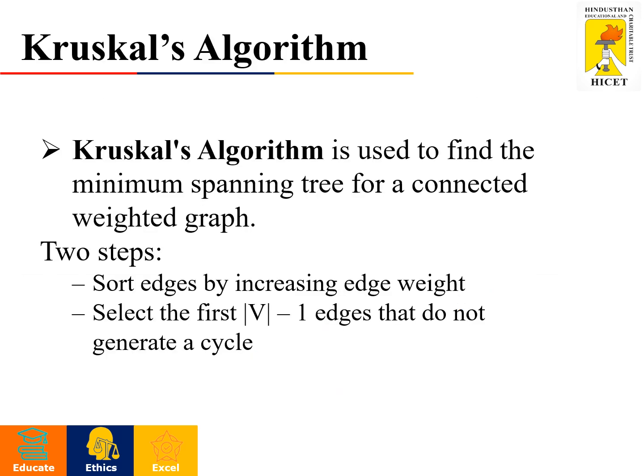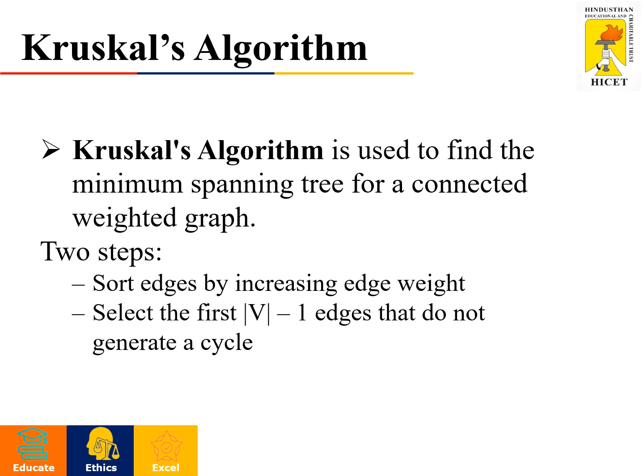Next, we are going to discuss about the Kruskal algorithm. Kruskal algorithm is used to find the minimum spanning tree for connected weighted graph. In this Kruskal algorithm, we apply or follow two steps. One is we have to sort all the edges by increasing edge weight.